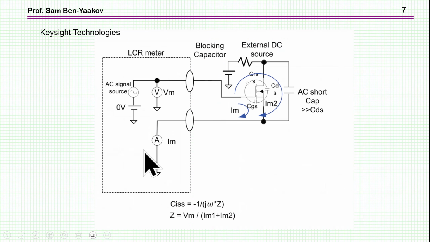Now, the way it is tested, these plots are actually tested and measured. And this is done by, you might say, an LCR meter. And this is an example of how this CISS is obtained. So what we have here, the transistor is subjected to a given drain to source voltage. There is a capacitor which is shorting the source to drain per the definition of CISS.